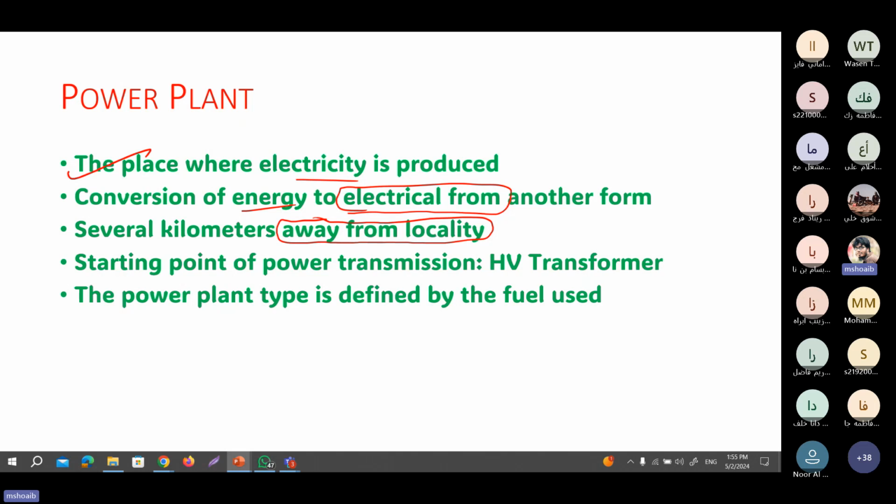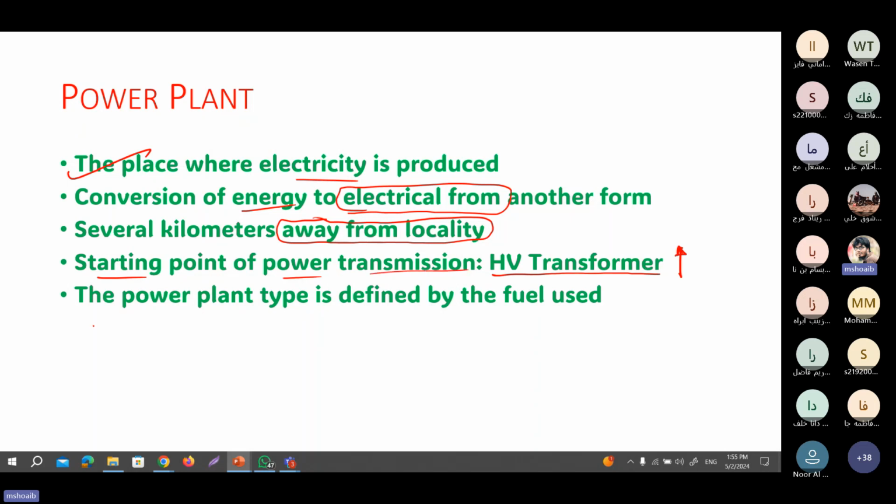That's why we usually build our power plants away from the locality. Just adjacent to the power plant, we have the high voltage transformer, as I showed in the first slide, because you need to step up the voltage. So this is also the starting point of the power transmission.